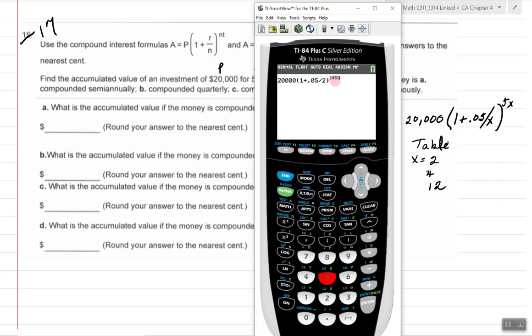Remember, put parentheses around this if you need to. There's my first answer. My second one, 20,000, open parentheses, 1 plus 0.05 divided by, this time 4, close, raised to the 4 times 5 power.